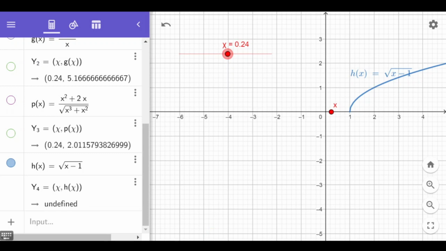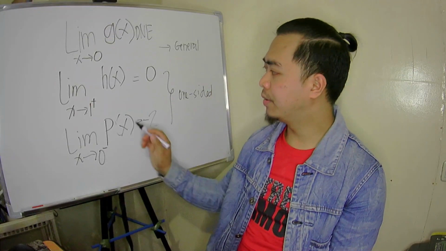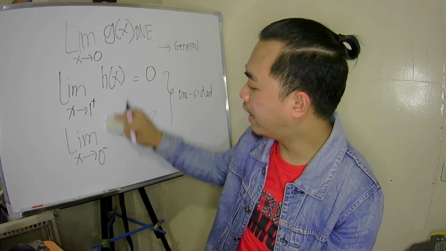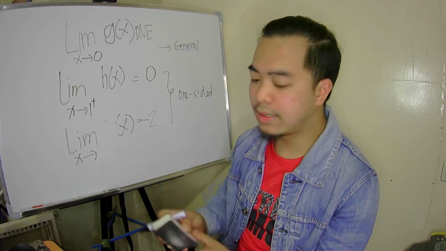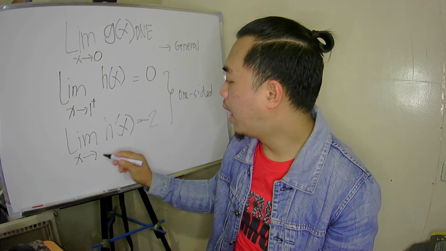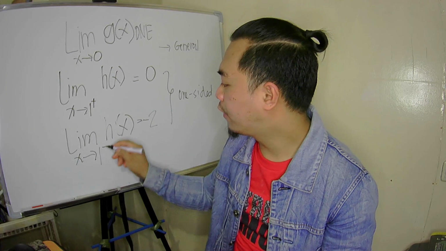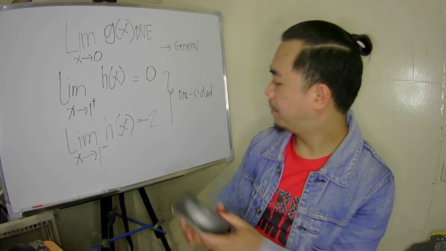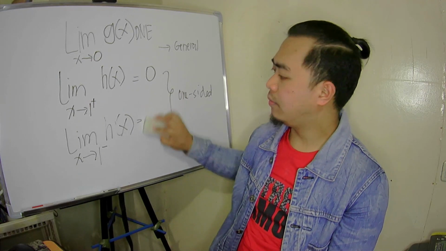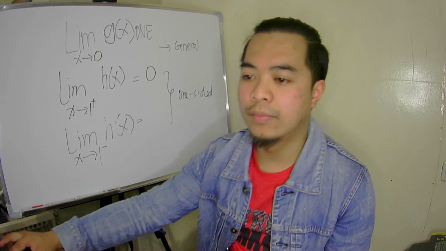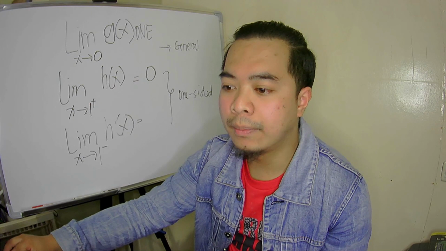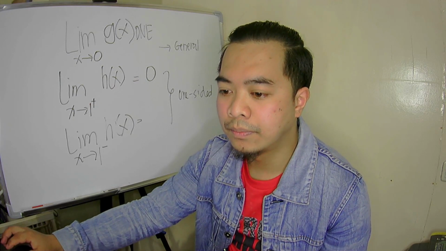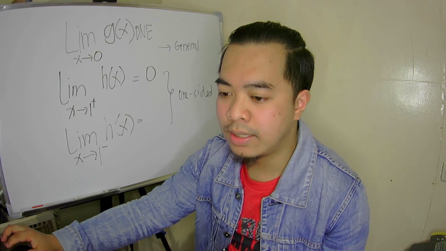So what should be our answer dito sa isa pang one-sided limit? So limit of h of x, as x approaches 1 from the left side. Ano yung sagot natin? Yes, anyone? Richmond.